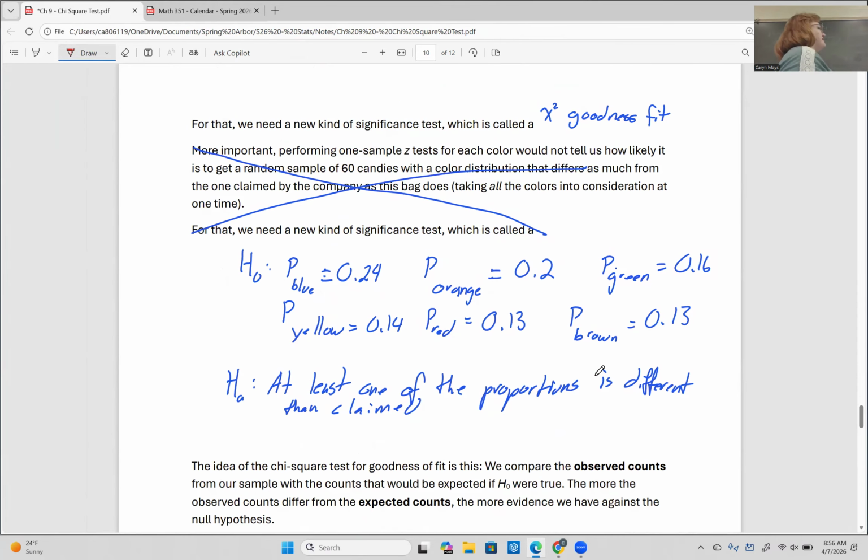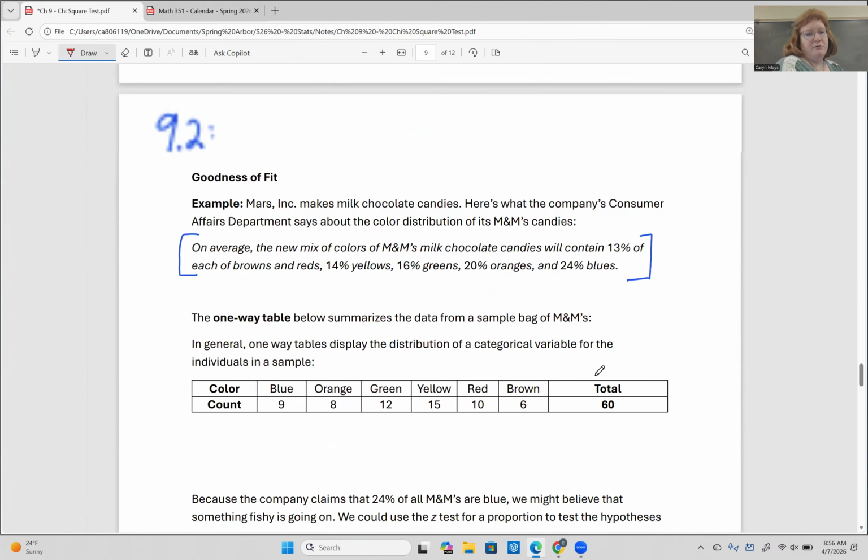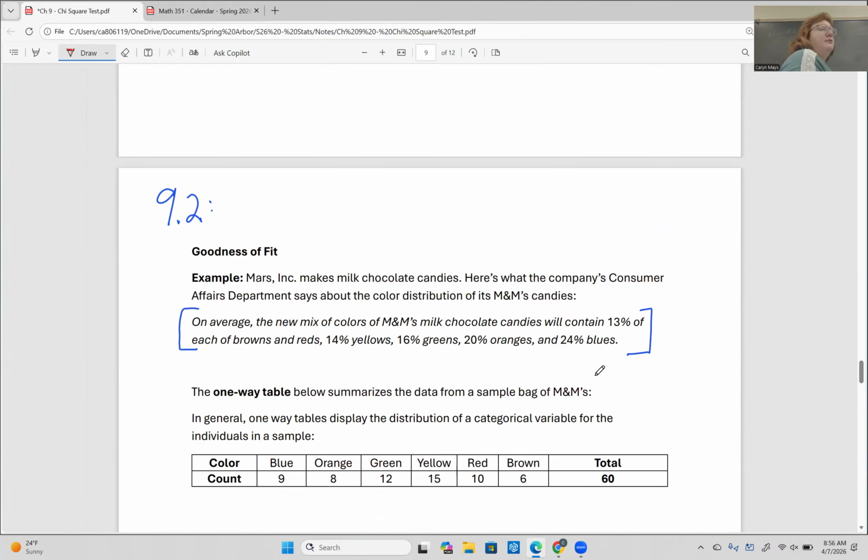Our null hypothesis is not really phrased in a way to quickly say what that means overall, but ultimately, what does failing to reject mean about Mars's claim?